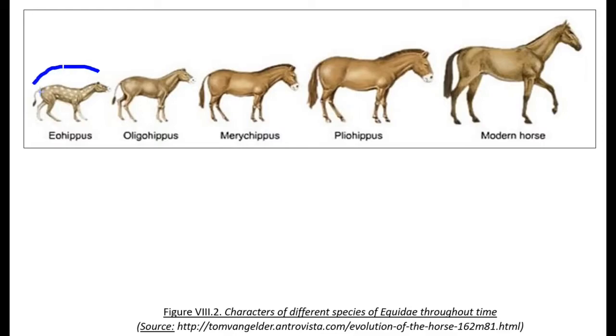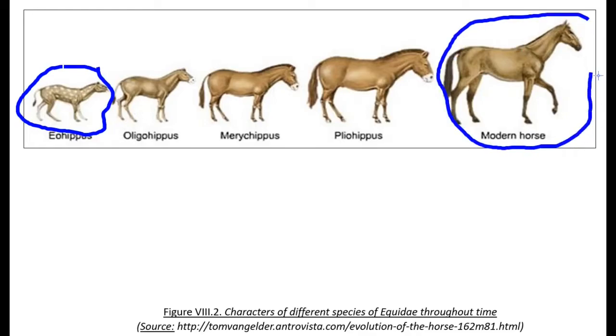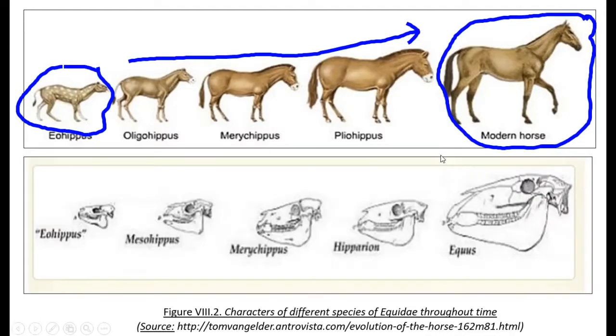So we can see that in terms of size, throughout evolution, horses have become bigger. In terms of sizes, you can see that gradually mutations which provoked an increase in the growth of the species have been selected, and we end up with horses which are much bigger.